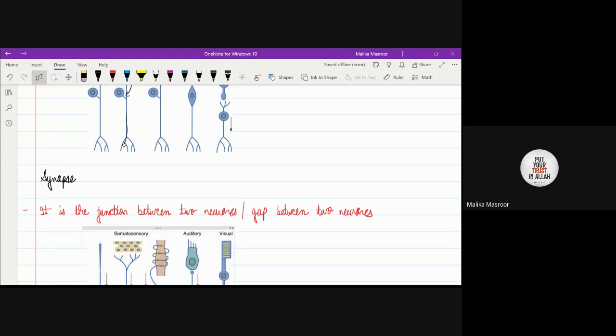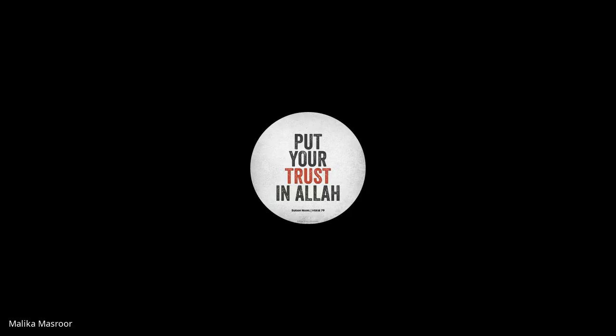Sorry, one second, let me just copy the diagram. Synapse. Okay, let me show you how it is. This one, yes.